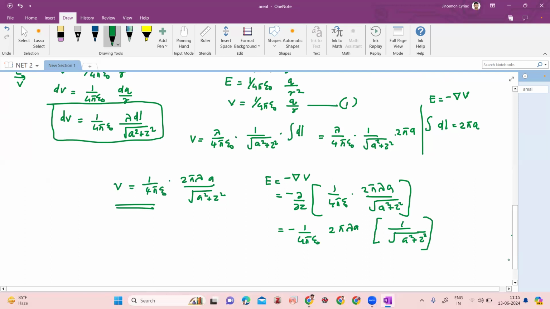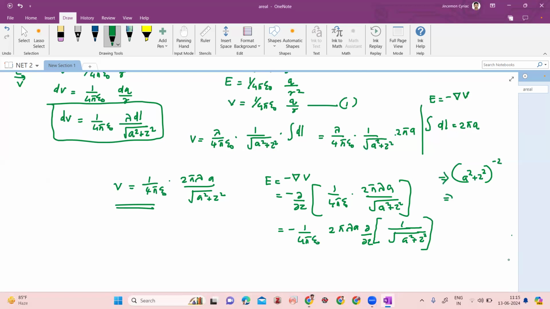Now we want to take the derivative dou by dou z of this value. Actually, this root of a square plus z square is in the denominator, so we can write it as a square plus z square all raised to minus 1 by 2.